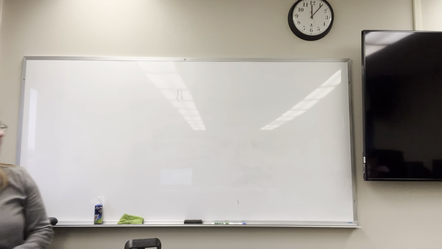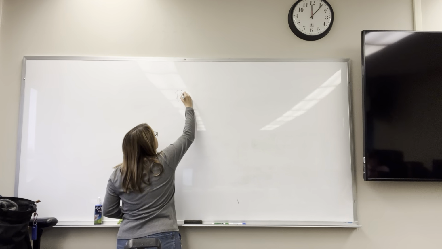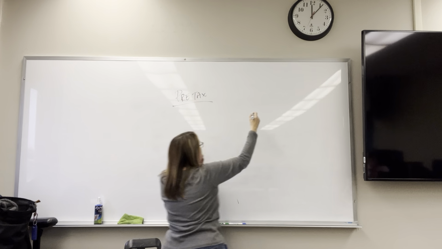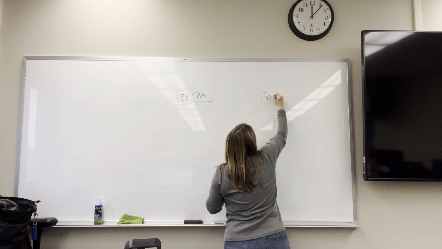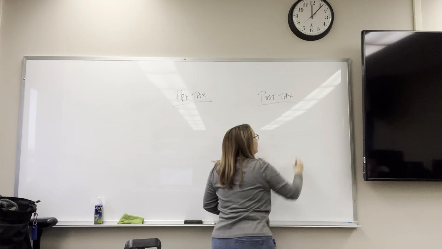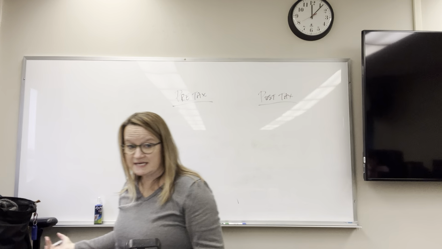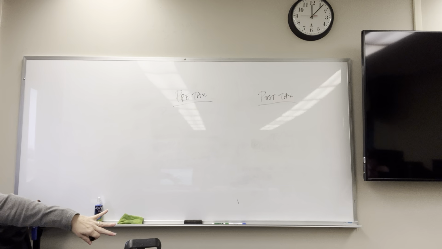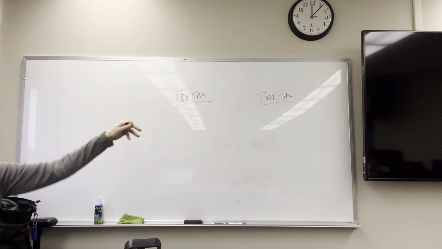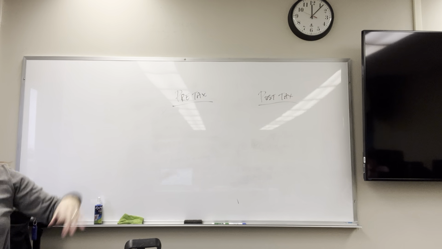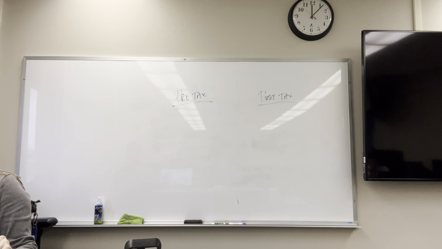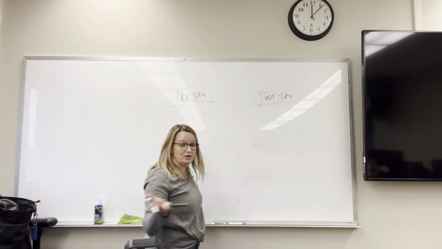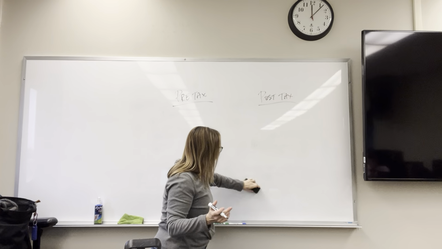Remember that what this means is if it's pre-tax, we're going to subtract that deduction before we calculate the tax. If it's post-tax, we're going to calculate the tax, and then we're going to subtract the deduction. So the pre-tax deductions are tax sheltered. They provide a tax advantage.